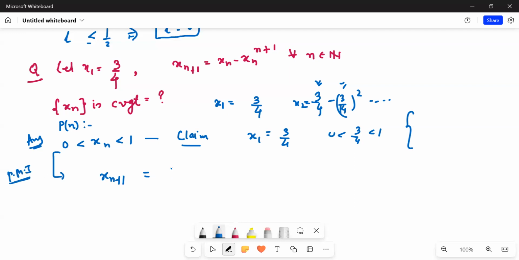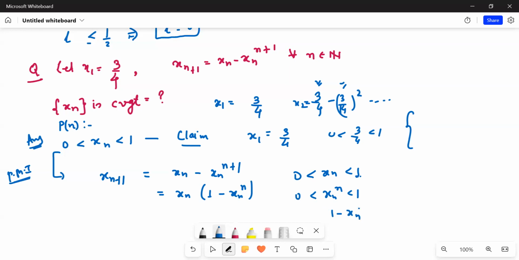So what is your xn plus 1? Your xn plus 1 is xn minus xn raised to power n plus 1. Just take xn common out. You'll get xn times 1 minus xn raised to power n. It has already been given to you that xn is less than 1, greater than 0. Similarly, xn raised to power n would also be less than 1, greater than 0.